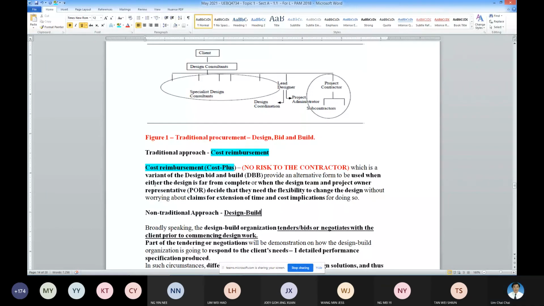It is used when either the design cannot be completed properly, or the employer wants a lot of changes, so this is a better approach than the traditional approach. Cost reimbursement is used when the design is far from complete, because if you cannot complete the design, there is no point to tender it out. Correct? That's one point to think about.